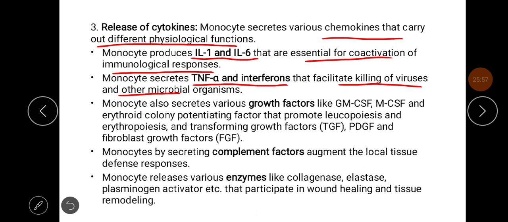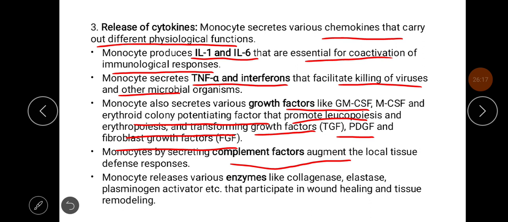Monocyte also secretes various growth factors like GM-CSF, M-CSF, and erythroid colony potentiating factor that promote leukopoiesis and erythropoiesis, and transforming growth factors, PDGF and fibroblast growth factors. Monocytes, by secreting complement factors, augment the local tissue defense responses. Monocyte releases various enzymes like collagenase, elastase, plasminogen activator, etc., that participate in wound healing and tissue remodeling.